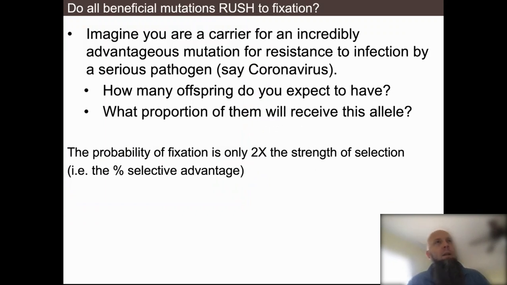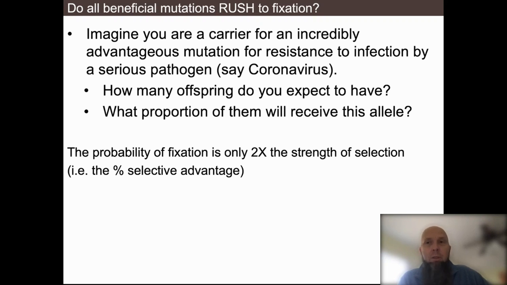So when something like this arises in a population, or the environment changes and creates an environment that is advantageous for a particular variant, does that mean that mutation is going to immediately rush to fixation? Well, let's just imagine how big the human population is.